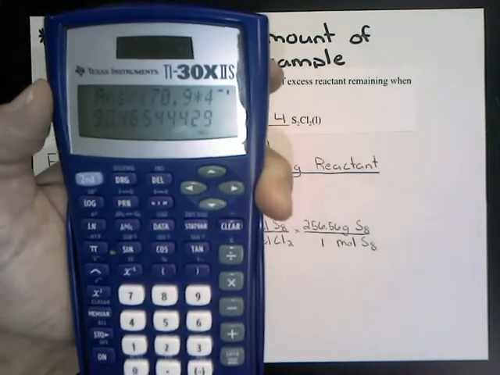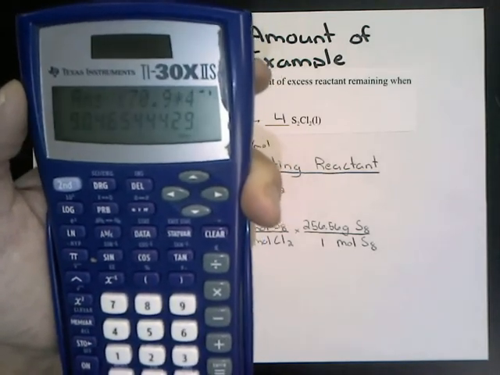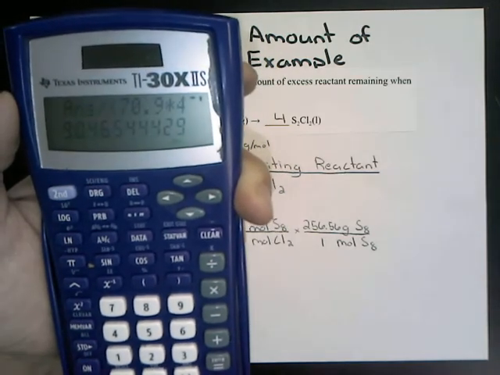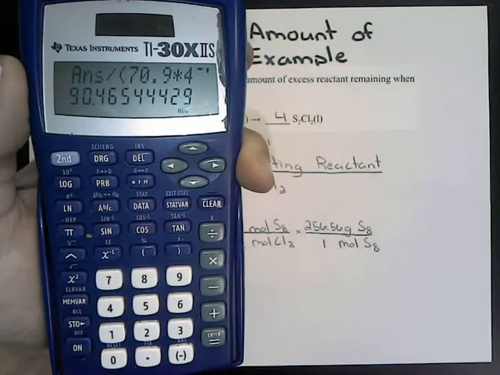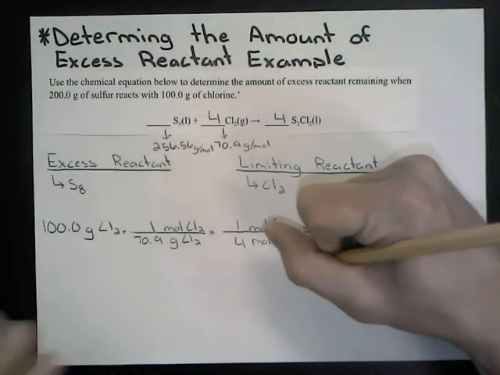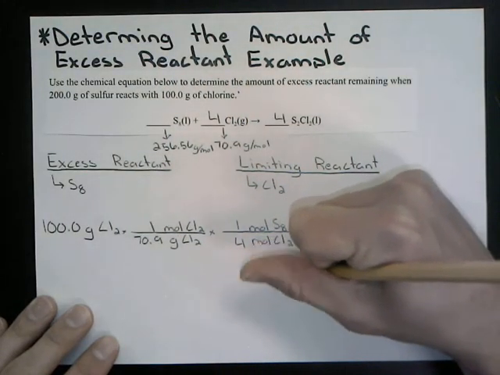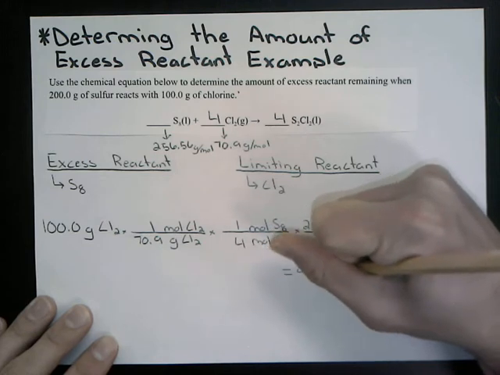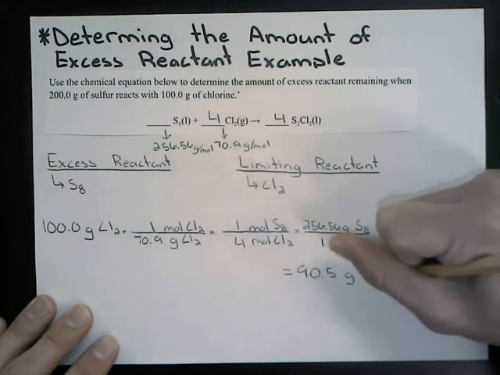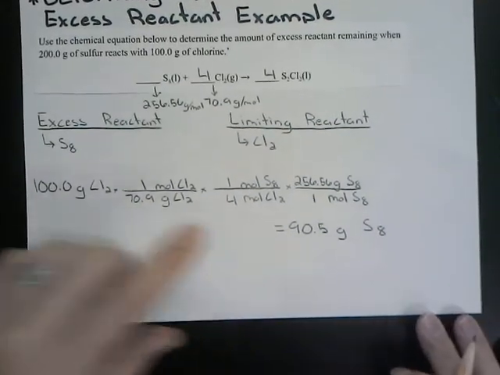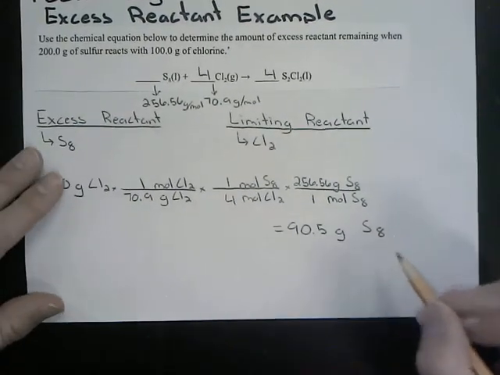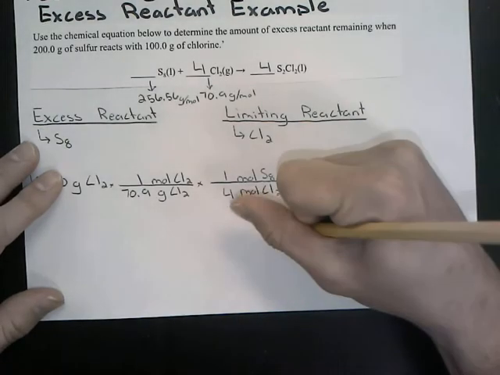Close my parentheses. And I get a value of 90.5, by the time I round, 90.5 grams of S8. So this is 90.5 grams of S8. And this is important. I'm going to label this. This is how much S8 is used in the reaction.